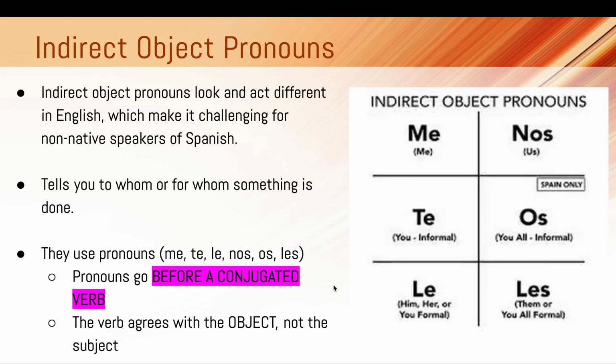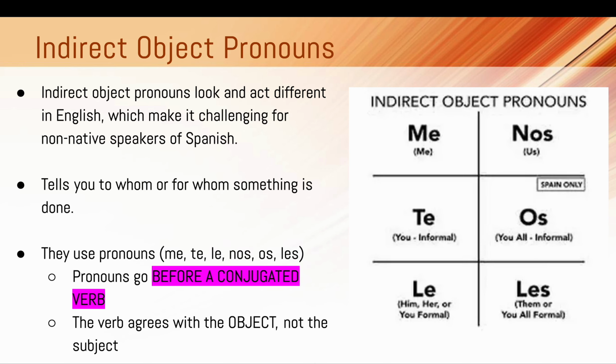So the pronouns are me, te, le, nos, os, no lo usan mucho, y les. They go before a conjugated verb. There are exceptions to this, but for this course, we're going to just put them before the conjugated verb.